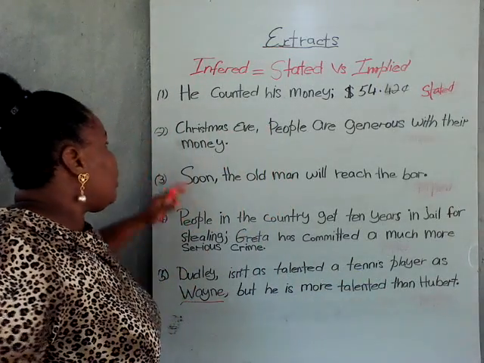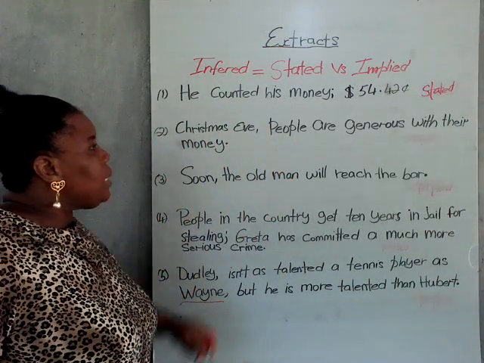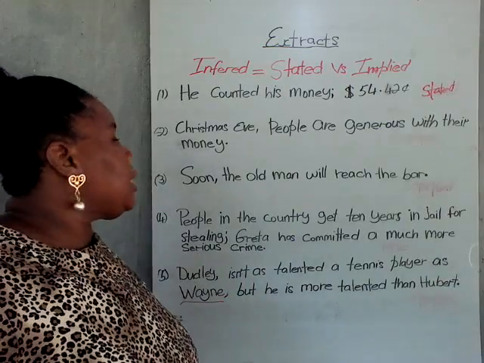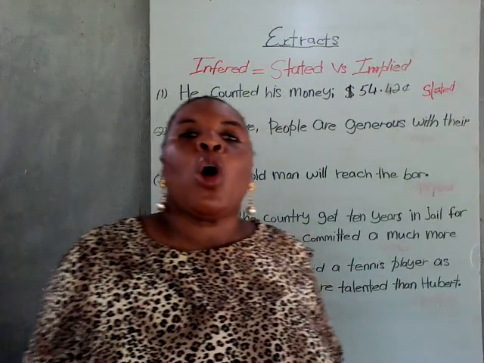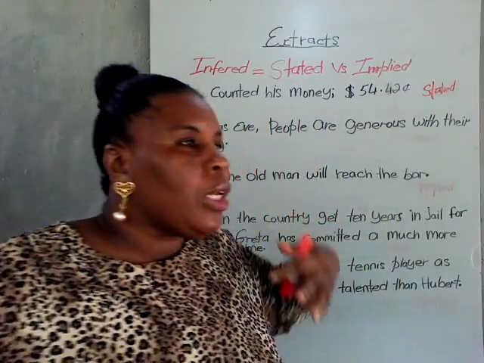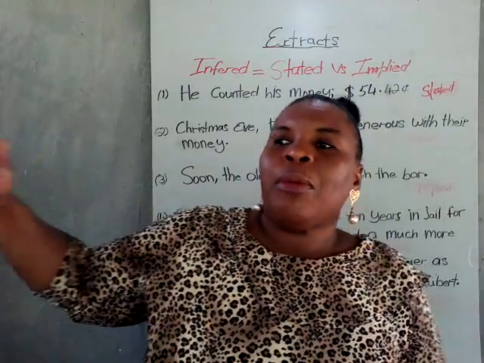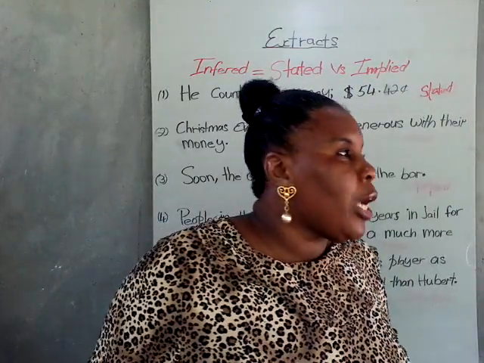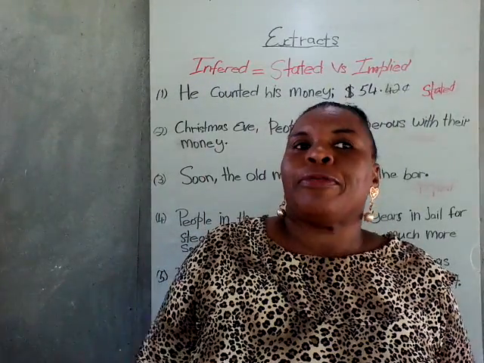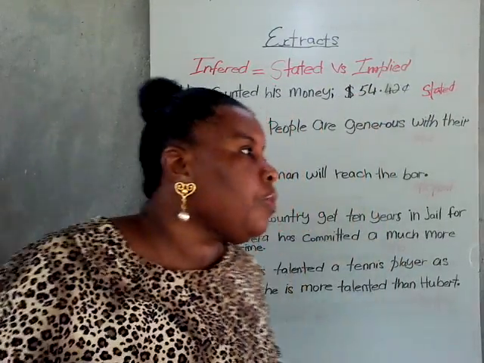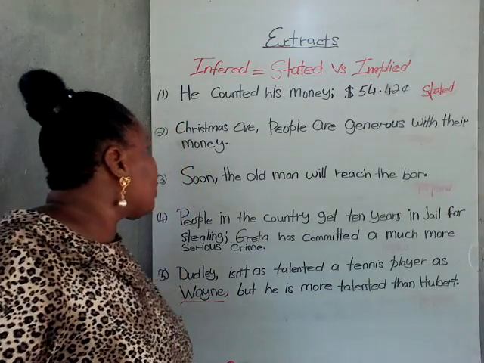All right? Number 2, Christmas Eve, people are generous with their money. They want to give their money to a beggar, give their money to charity. But what if they don't have any money to give? Huh? What if they don't have any money to give?